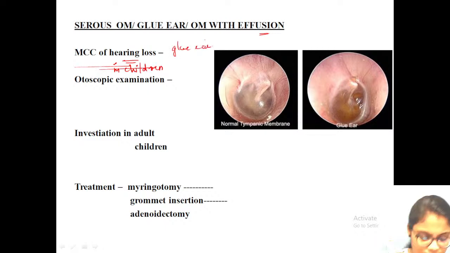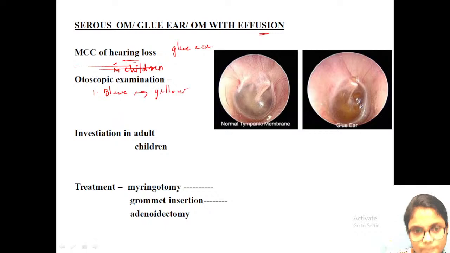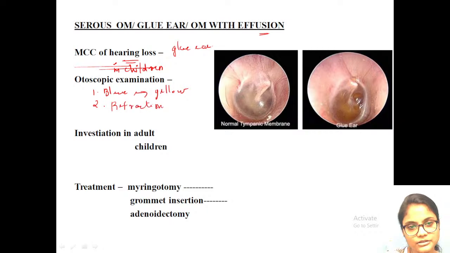Right, so the next thing, in otoscopic examination of glue ear, what can you find? In otoscopic examination of glue ear, you can see a blue to yellow kind of tympanic membrane. Then you will have retractions of the tympanic membrane. The next thing you see in otoscopic examination is air bubbles within them.